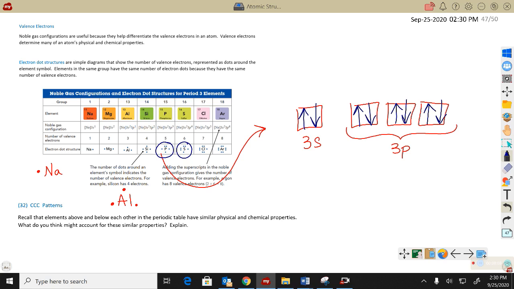Okay, well, we've just said that electrons are responsible for properties, especially chemical properties and some physical properties too. So could there be something similar about the electron structure of elements that belong above and below each other on the periodic table, like within a group going up and down? Well, think about this.